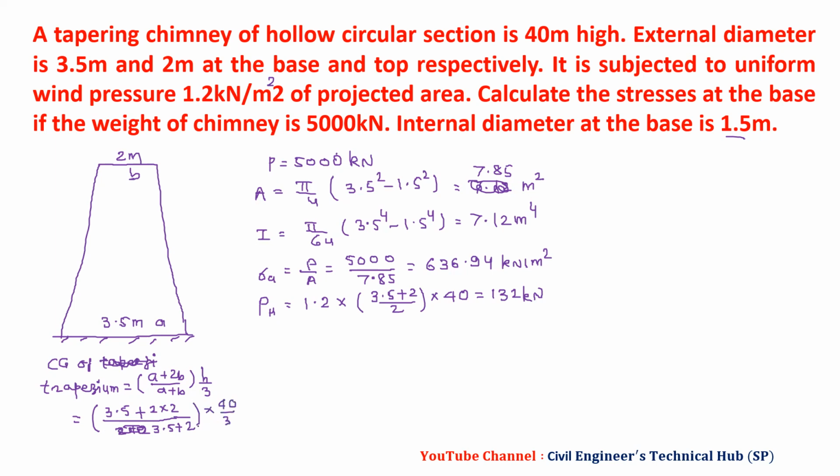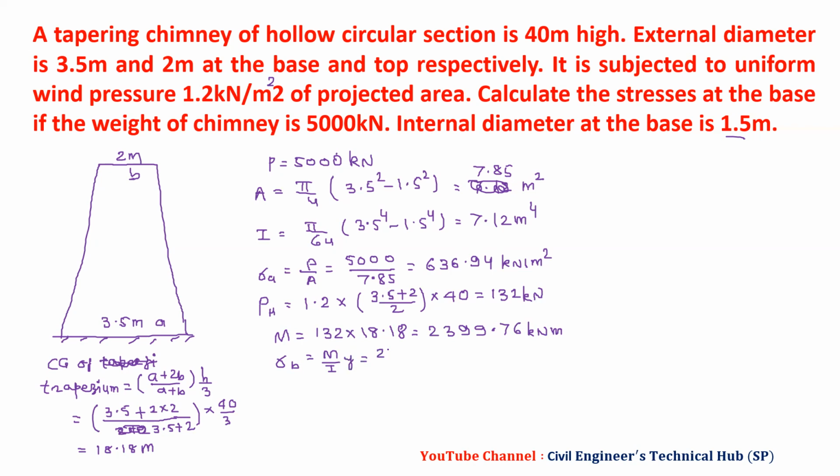I got this value, 18.18 meter. Then we have M equal to pH into CG, so 132 multiplied by 18.18. We have this value of M, 2399.76 kilonewton meter.